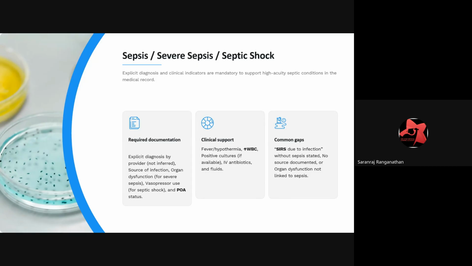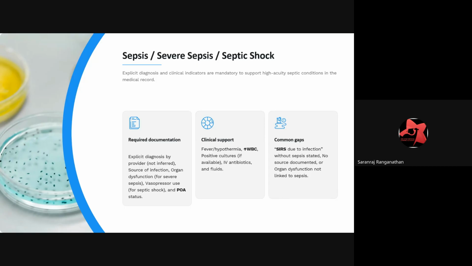In that situation, I will not be able to understand what type of infection he has. That is a major gap we can identify. Even with the clinically supported documentation, I may not be able to conclude what type of sepsis, because I can only conclude an inflammatory response syndrome.